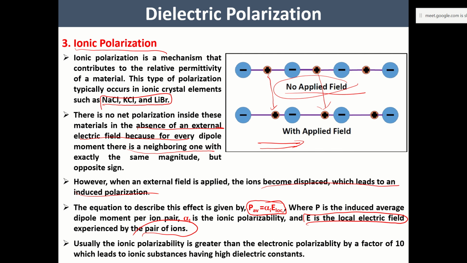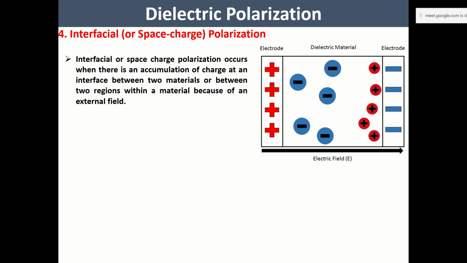So by these three mechanisms you can have the change. This is how the dielectric material acts and decreases the overall electric field between the two parallel plates. So three mechanisms I told you, and there's also a fourth one, the space charge model, interfacial.